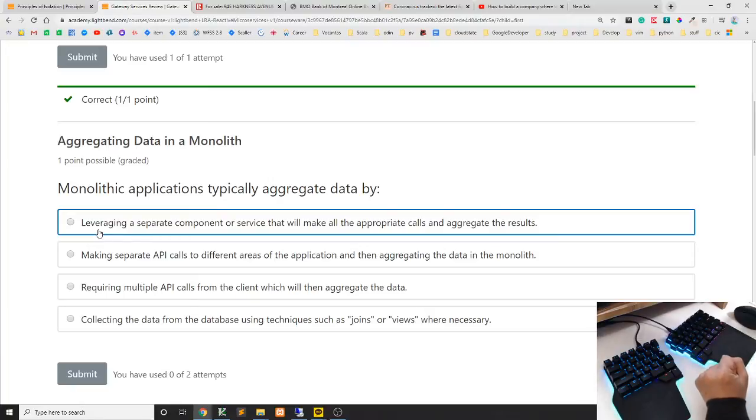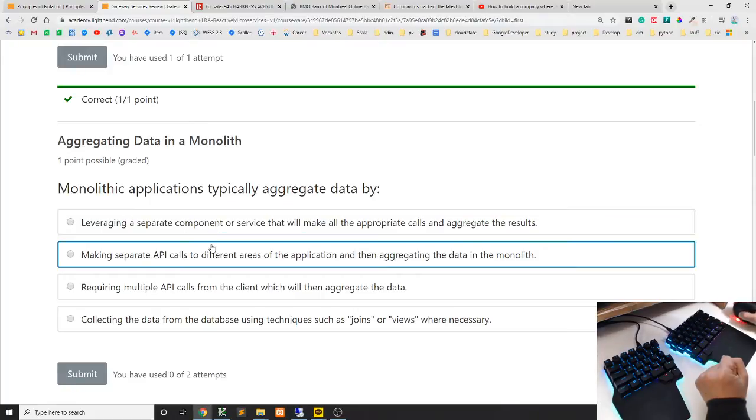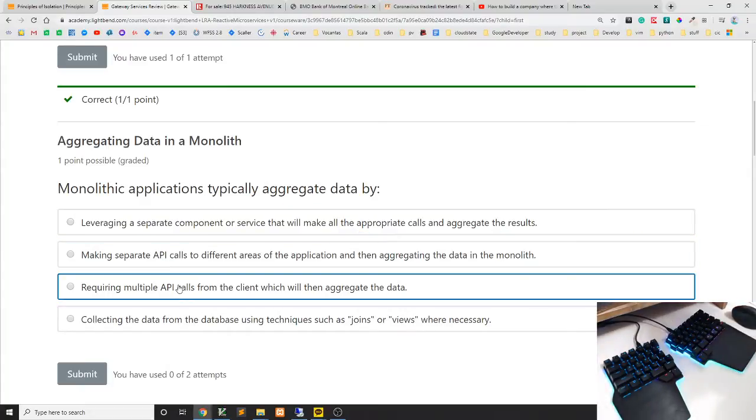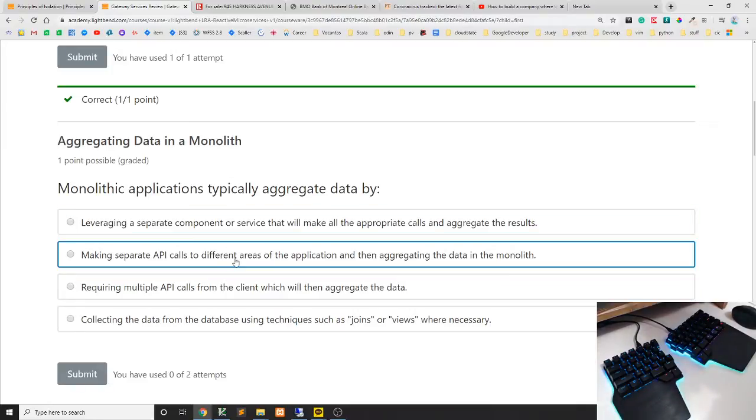We don't have a separate component for the monolith system or service that will make all the appropriate calls and aggregate the results. Making separate API calls to different areas of the application and then aggregating the data in the monolith.